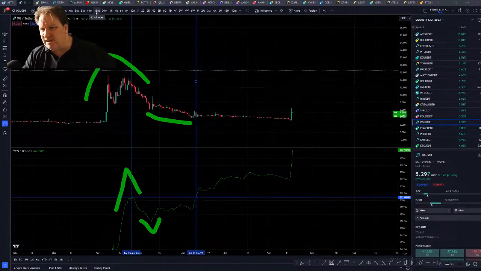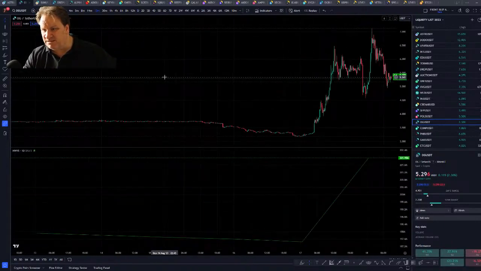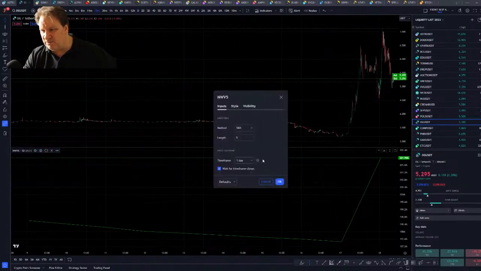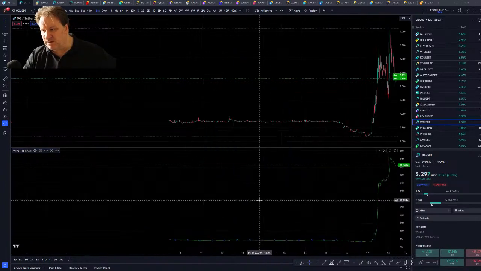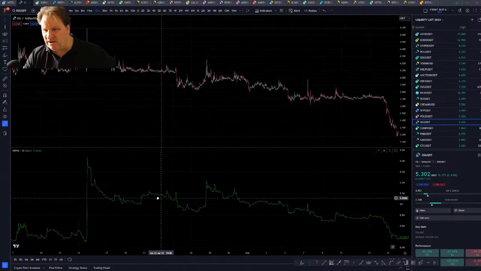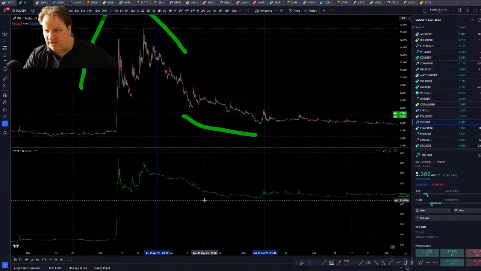So now if I come down on the price time frame to 15 minutes and bring Newton's wave down to 15 minutes, there we go, we can get more of an accurate picture here. So let me show you this. In fact, let me go to an hour on the price time frame.